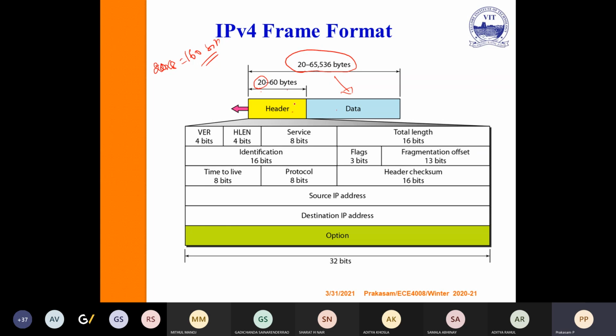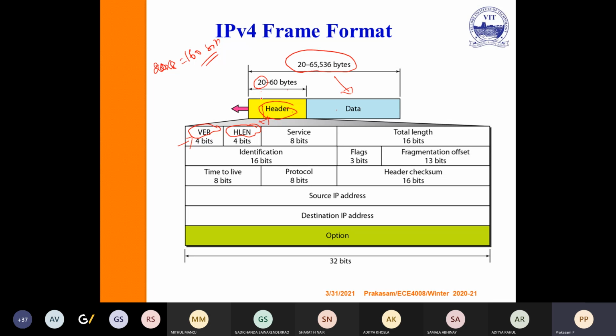If you see in detail what the different fields available in the header are, the first one is the version. Whether it is IPv4, IPv5 or IPv6, it will represent the respective version. The next is the header length. What is the length of the header? Once we identify the version, we have to know the length of the header, whether it is 20 bytes or 30 or 40 or 50 or 60.